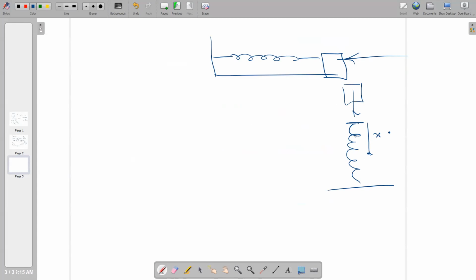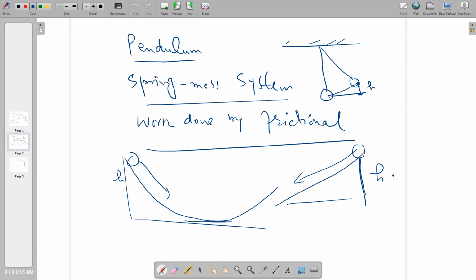So what will be the change in its elastic potential energy and what will be the kinetic energy? So these are the situations which we will discuss in this chapter. I just summarized the situations.